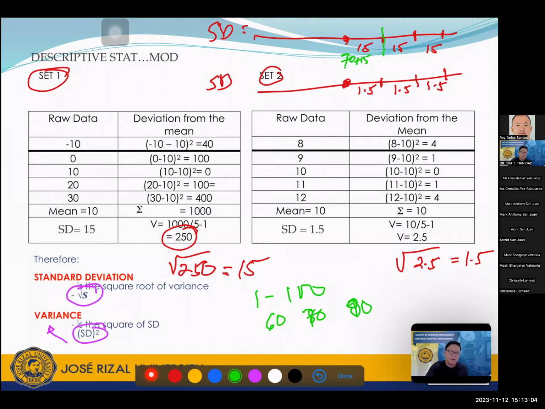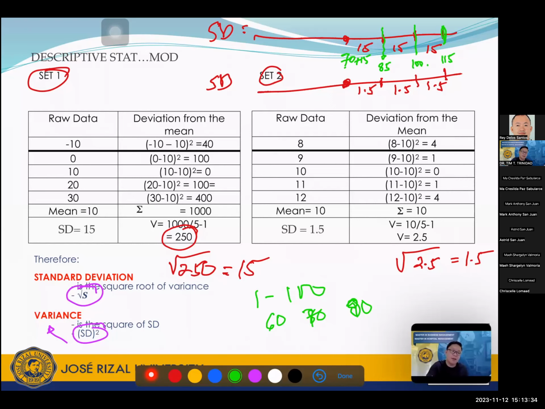So that will be the value of one standard deviation, 85. So 85 plus 15, what is 85 plus 15? 100. So that will be your value of second standard deviation. Okay, for the value of third standard deviation, 100 plus 15, 115. So your scale now will be 70, 85, 100, 115.